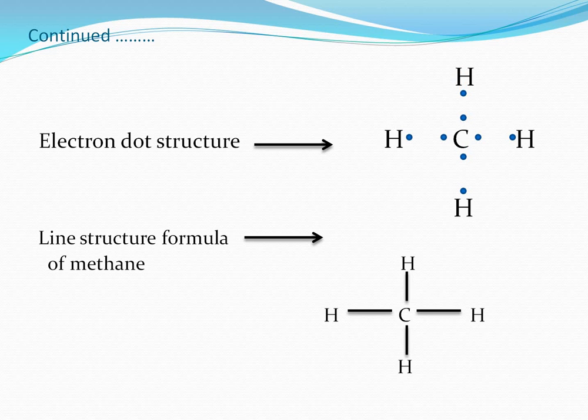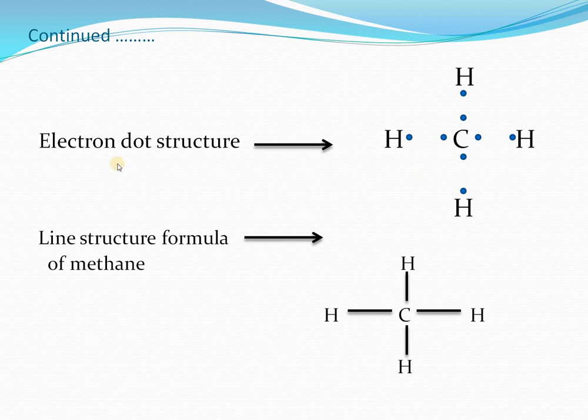Here you can see that the bond is formed between one carbon atom and 4 hydrogen atoms. This carbon atom shares its 4 valence electrons with 4 hydrogen atoms, and that's why between the carbon and hydrogen a single covalent bond is formed.